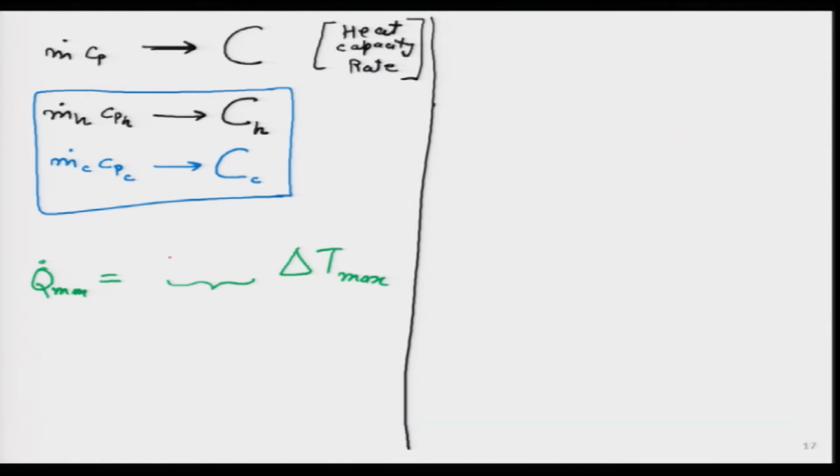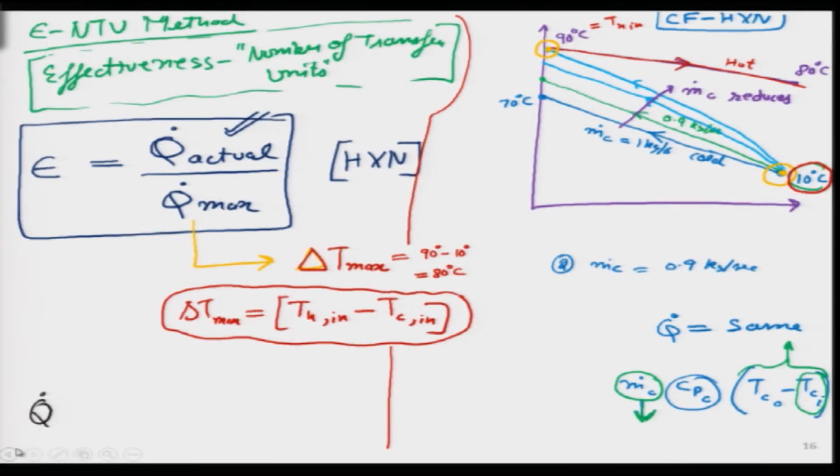Should I write CH, or should I write CC, or is there anything else that I can write? If you give it a thought experiment over here, what it would suggest is we have to take that particular fluid which is having the maximum temperature drop potential.